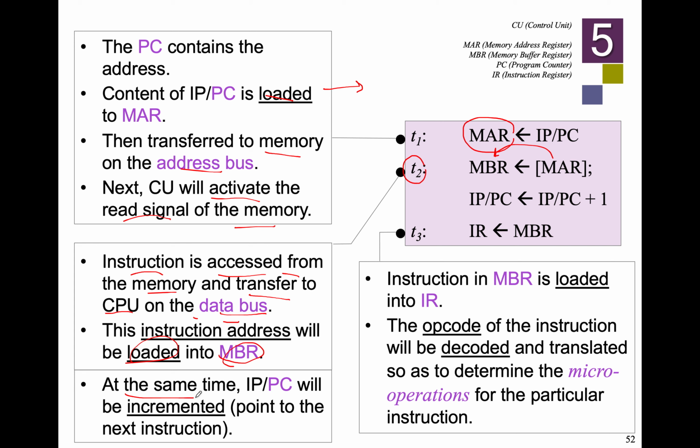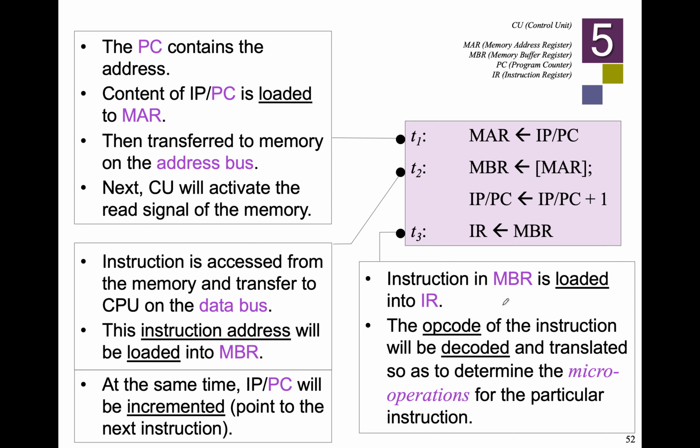At the same time, you're going to see the value of IP increase. If the beginning is 100, now your IP is 101. Okay, finish your T2. Now your T3.